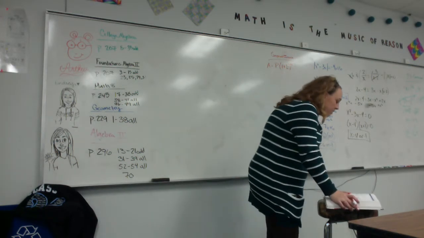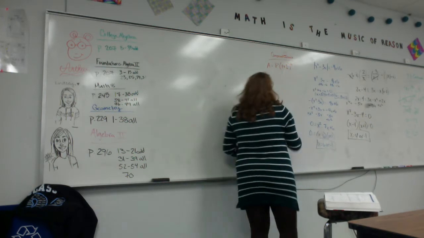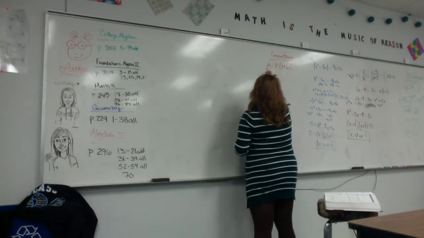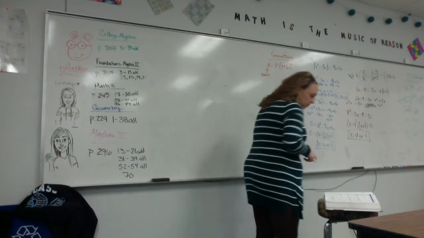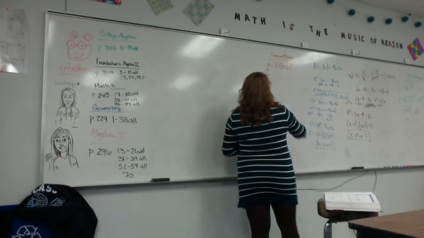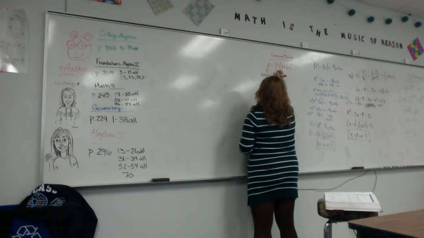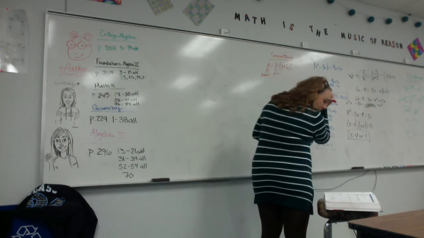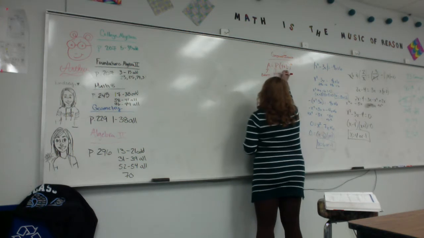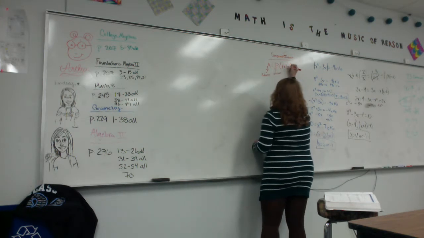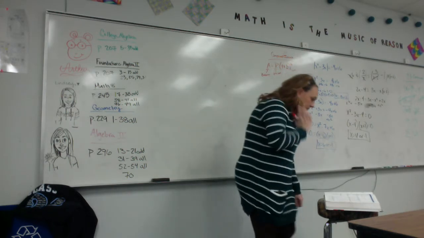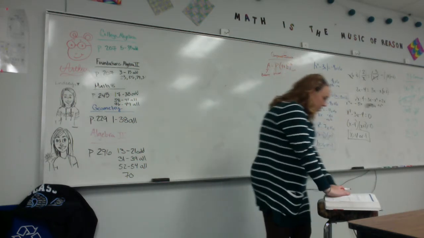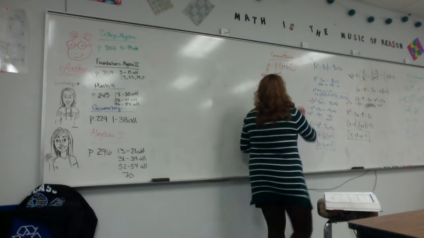In this formula, A is the balance of the account, P is the principal, and R is the rate, N is the number of compounding per year.